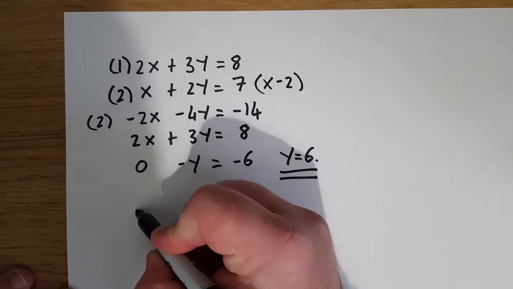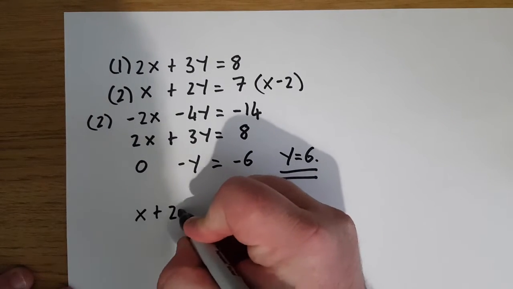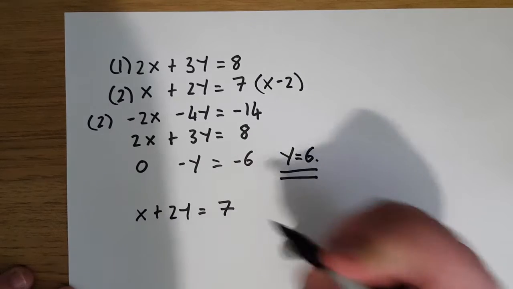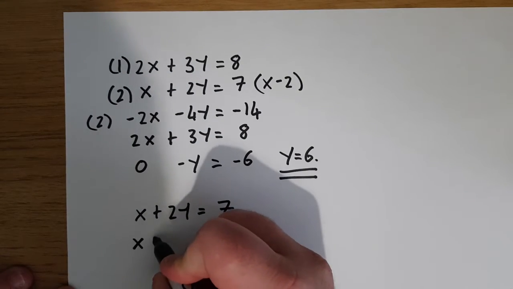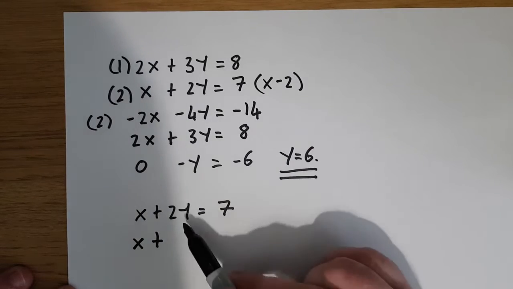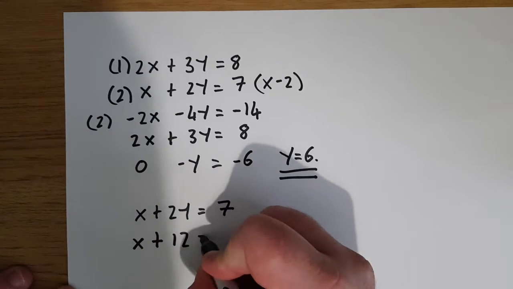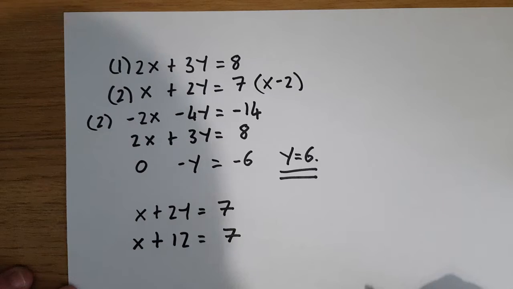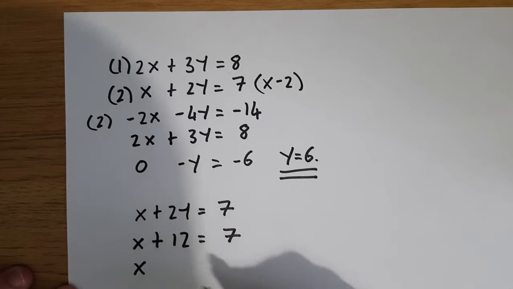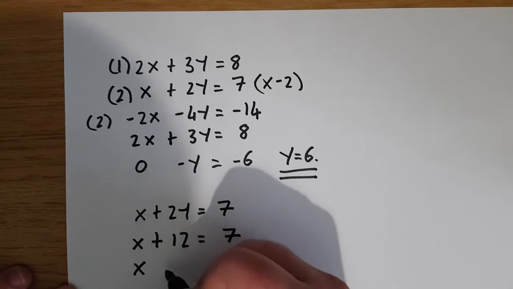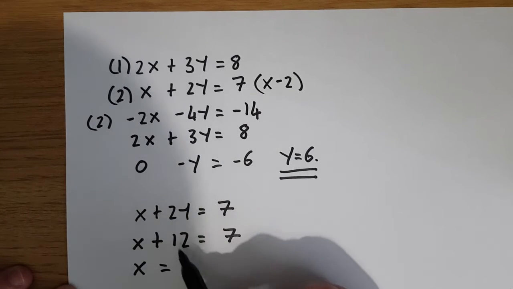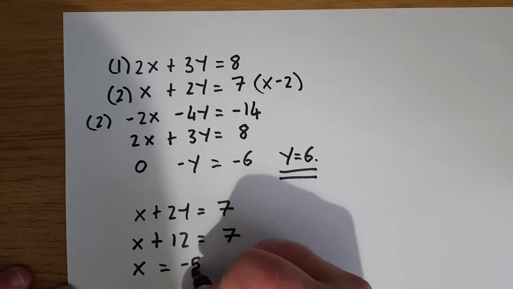So x plus 2y equals 7. We simply plug in 6 into the equation, so it's x plus 2 times 6, which is 12, equals 7. X then becomes, take away 12 from each side, so x plus 12 minus 12, we'll then have 7 minus 12, which is minus 5.